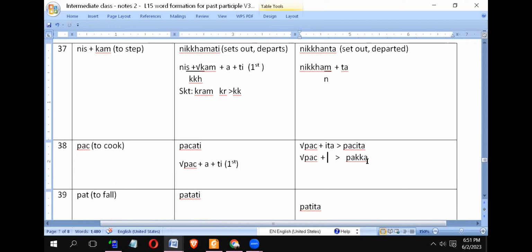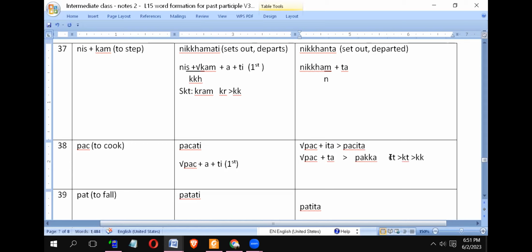Sorry, I don't understand this part. I think it should be changed to T. So here now you got this CT, change it to KT, change it to KK.